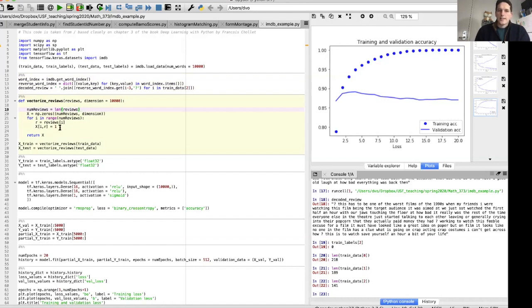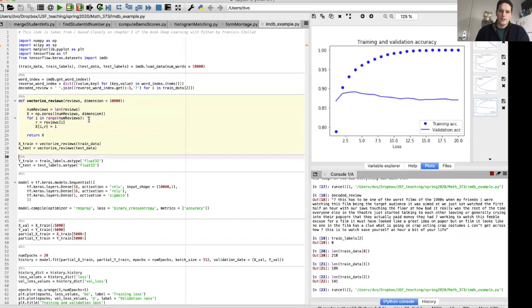And you can see that what's happening here is that all the components of this ith feature vector that correspond to words that appear in the review are being set equal to 1. That's how we're constructing our feature vector. So let's run this section of code.